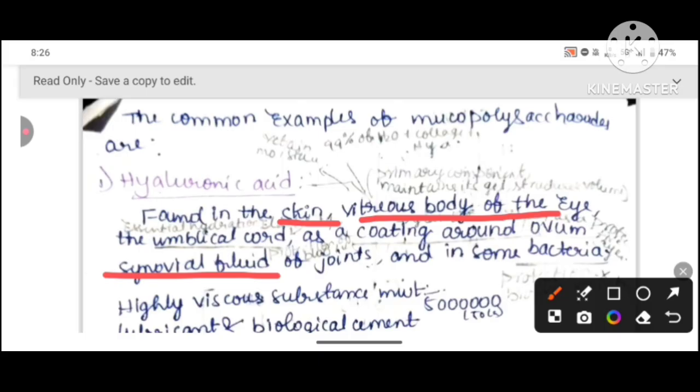As a mucopolysaccharide, it is present in the synovial fluid for smooth movement of joints, and in some bacteria. So what is the vitreous body? The vitreous body of the eye is a type of layer which again gives hydration.